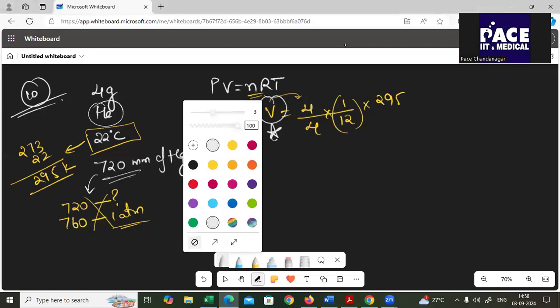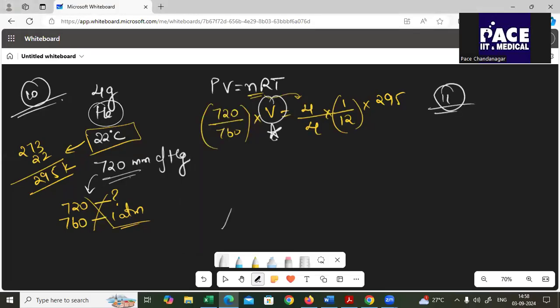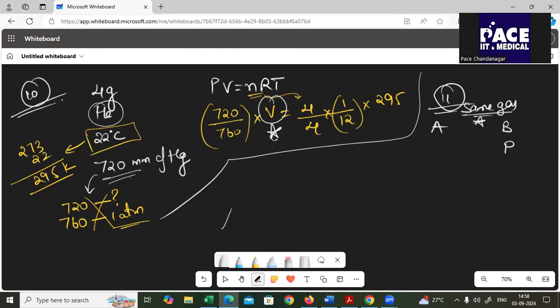Moving on to question number 11 now. Number 11, what it says: two containers A and B contain the same gas. And if the pressure, volume, and the absolute temperature of gas A is twice as compared to that of gas B. I'm reading out the question again.